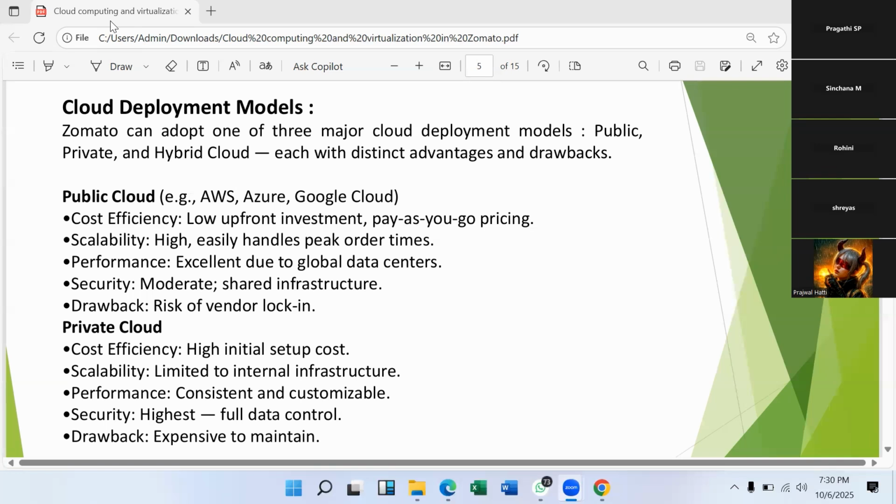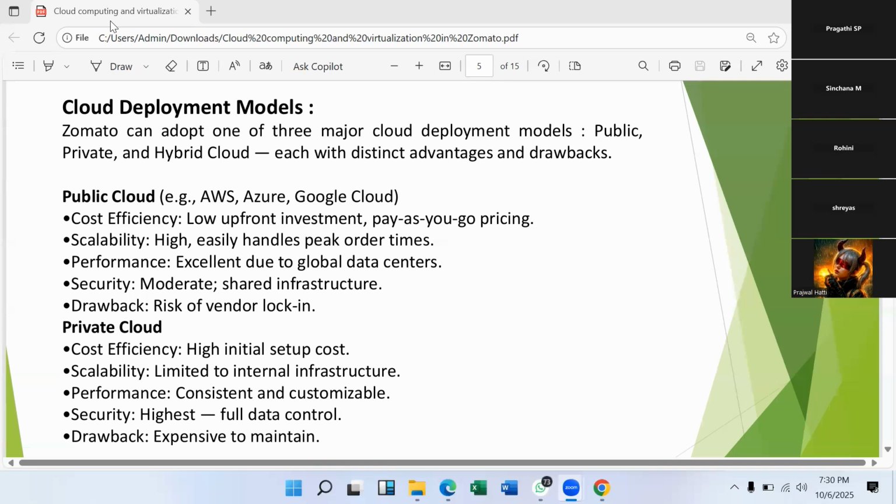It's highly scalable, which means Zomato can easily handle peak hours or heavy traffic during special offers or festivals. The performance is excellent thanks to global data centers, but the security is moderate. Since the infrastructure is shared with others, the main drawback is the risk of vendor lock-in. Once a company depends heavily on one provider, switching can be difficult.